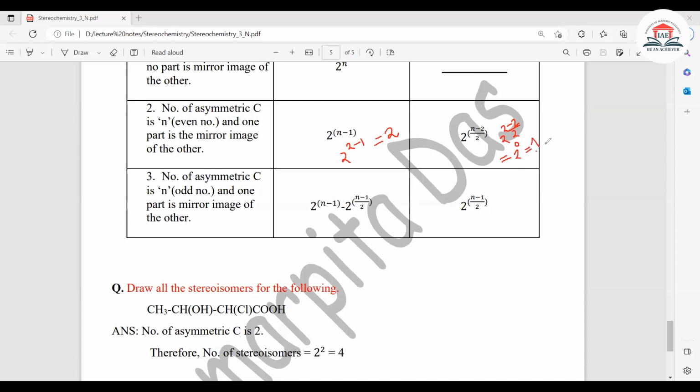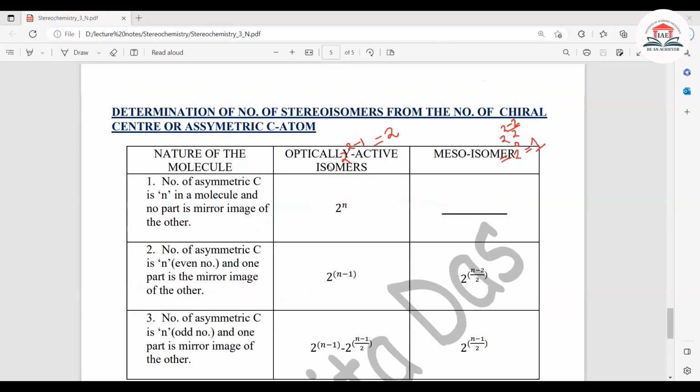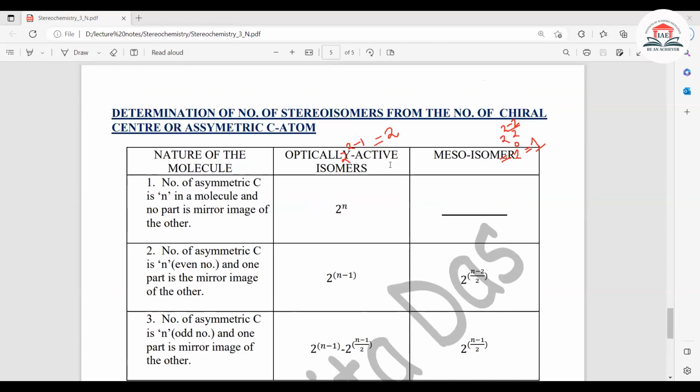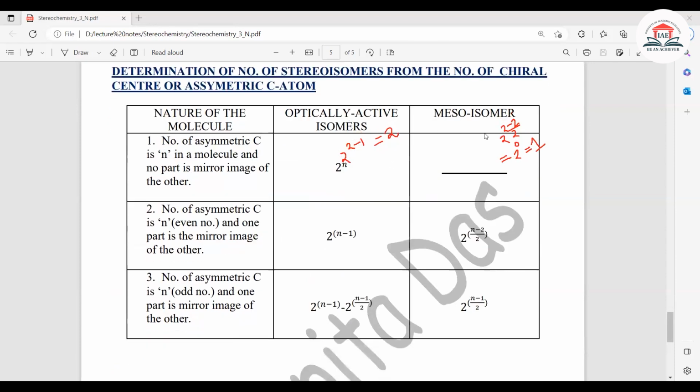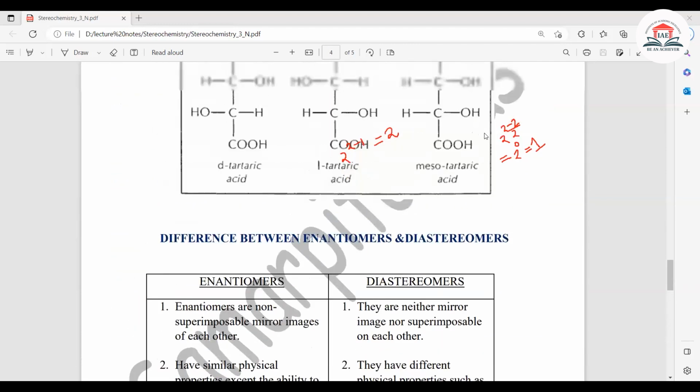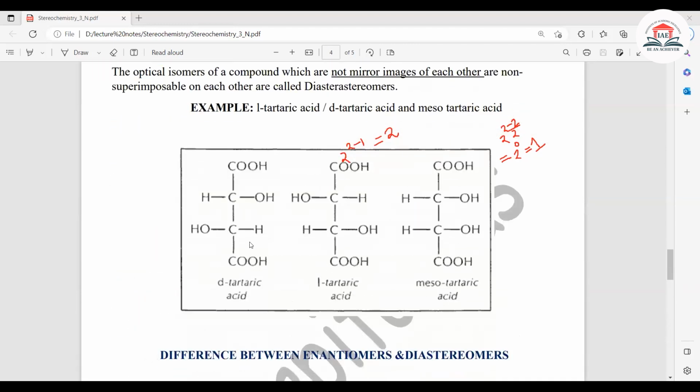So this means that tartaric acid should have 2 optically active isomers and 1 optically inactive, that is meso isomer. So that's what we got in here: 2 optically active isomers, D tartaric acid and L tartaric acid, and 1 optically inactive isomer, which is the meso tartaric acid. Understood?